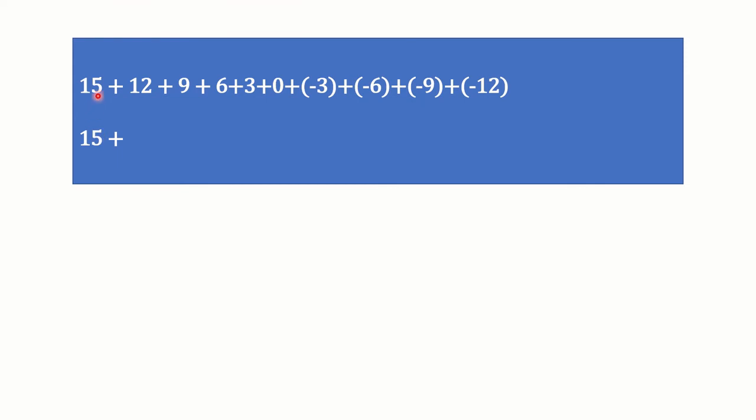How? Because you will be left with only one term, 15. 15 is T1 as well as it is S1.